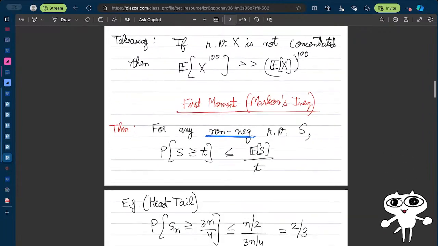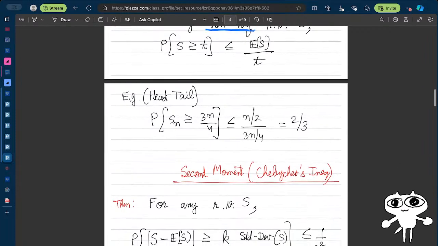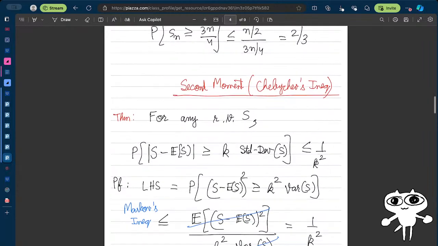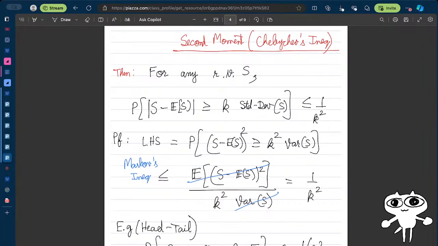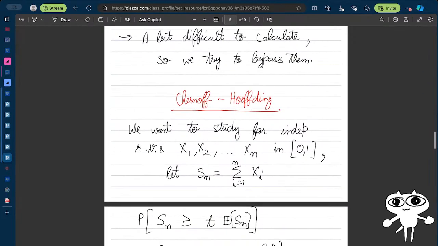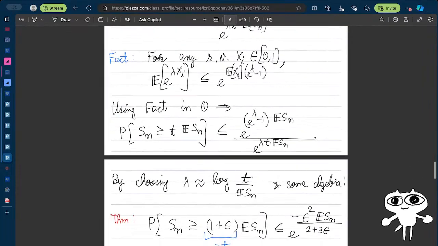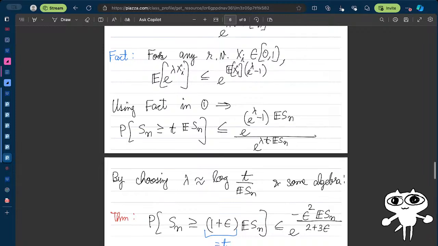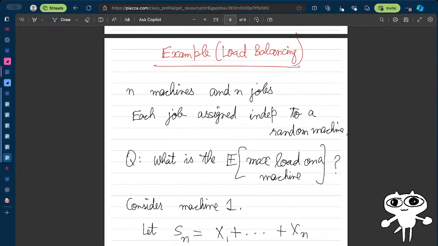First moment: Markov's inequality that we had seen before. Second moment: Chebyshev inequality. Higher order moment: Chernoff bounds. I don't know what this means. Example: load balancing, sure.